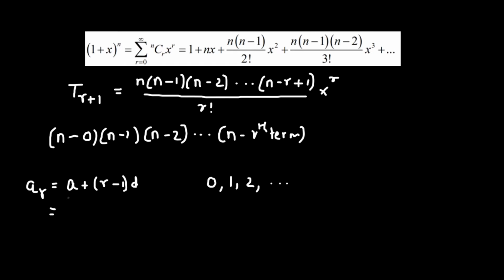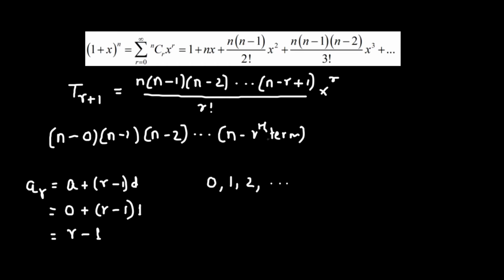So we can use the formula to find the general term. That would give us the first term 0 plus (r minus 1) times the common difference, which is 1. The common difference can be found by subtracting the first term from the second term, so 1 minus 0 gives us 1. That gives us a general rth value of r minus 1.